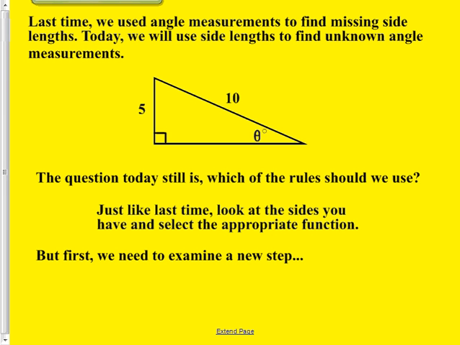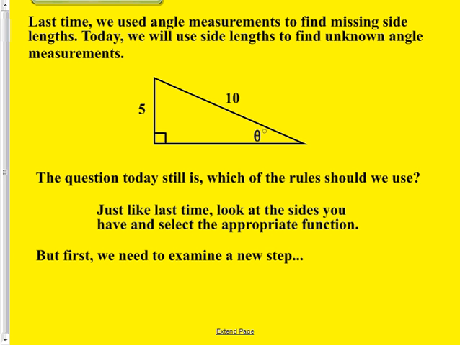But the question today is still going to remain: which of the ratios would be appropriate to pick to try to solve a particular problem? Now, just like last time, you're going to look at the sides that you have, and you're going to select an appropriate function to go along with it. And we'll come back to that in just a second, but there is a new step that is going to be involved with solving for your missing variable.